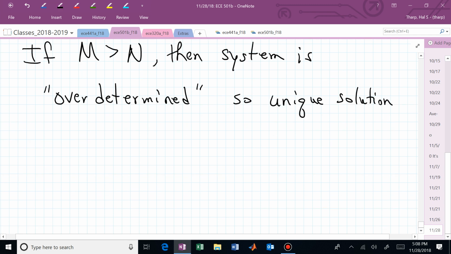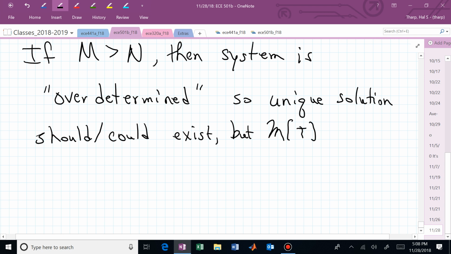So a unique solution should or could exist, but again, the matrix representation of T is not square.